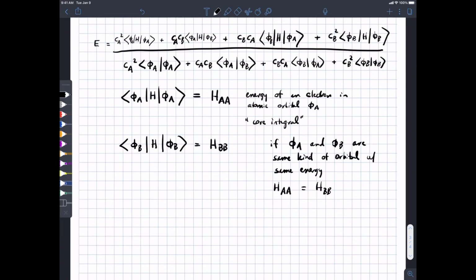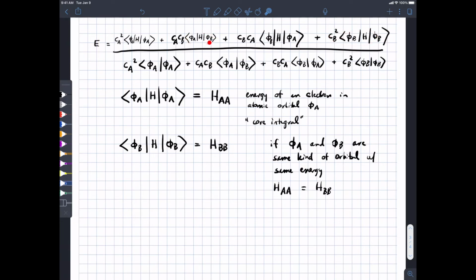One hydrogen atom is not different from another, so the electron on an isolated hydrogen atom is the same as the electron on an isolated hydrogen atom. Okay. So that takes care of abbreviating this CA squared term and this CB squared term on top.